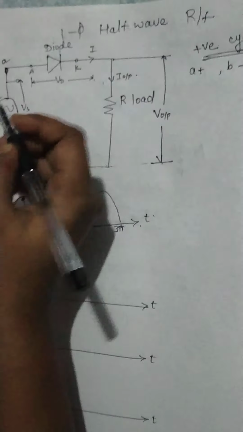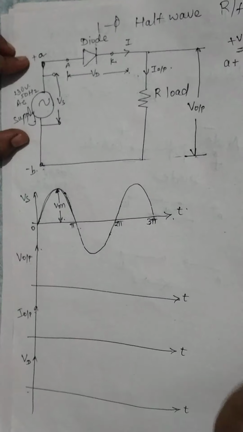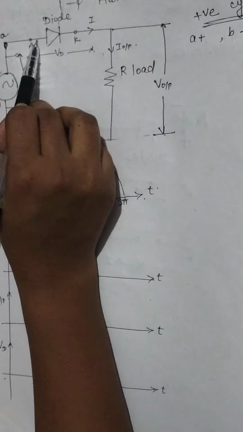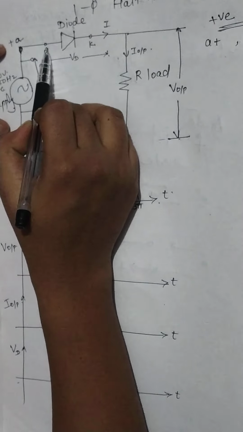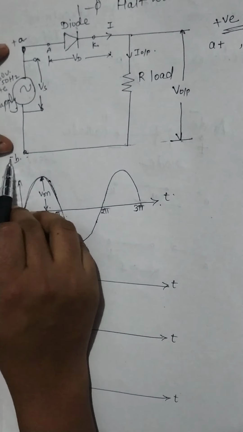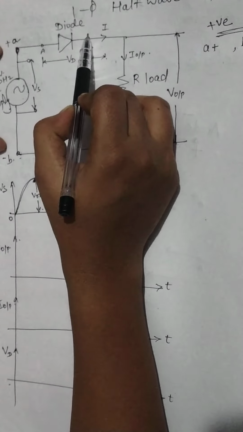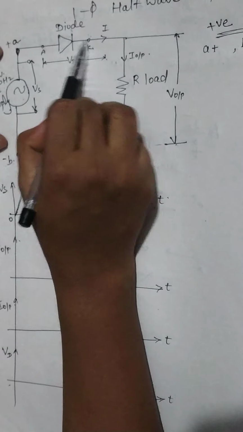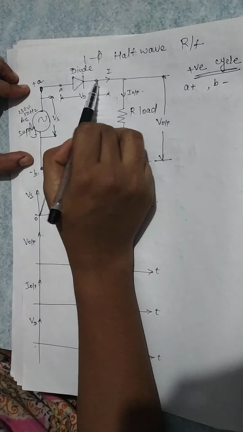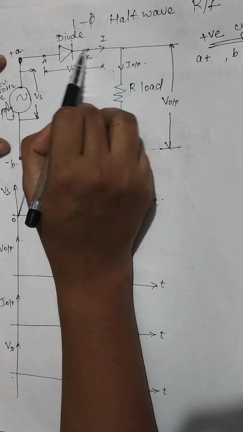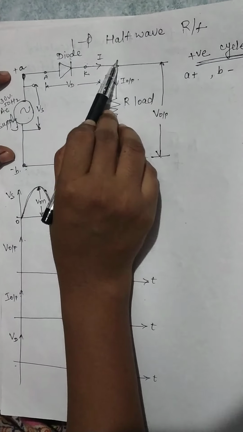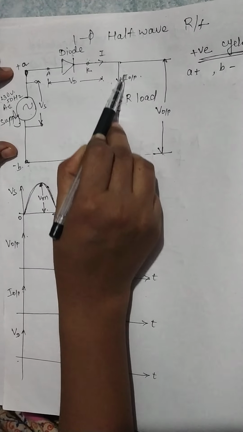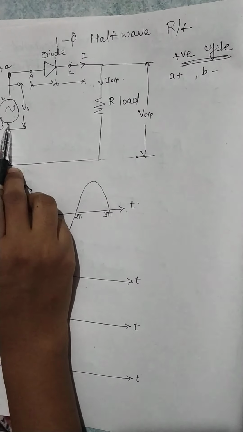Because of this positive, anode of the diode is getting higher potential, and because of this negative, cathode of the diode is getting lower potential. So diode will work as an on switch. As diode works as the on switch, current passes from the supply to diode to load and back to the supply.